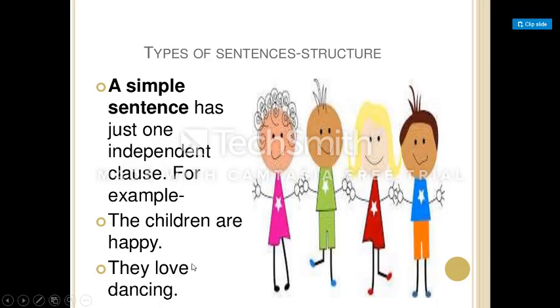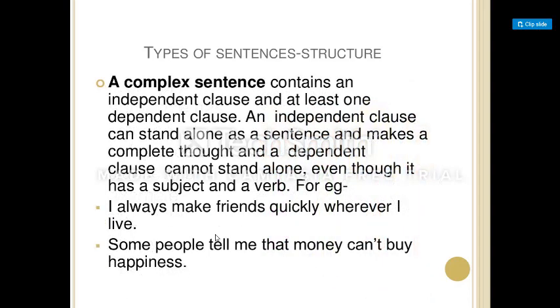Both the sentences have a single verb, so they have a single thought. That is why they are called independent clauses. So a sentence having one independent clause, meaning a single thought with a single verb, is called a simple sentence. That is its structure.